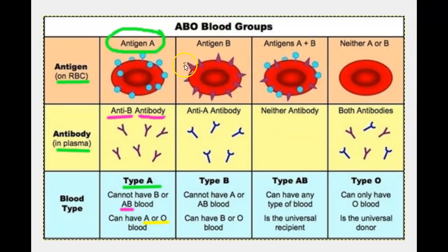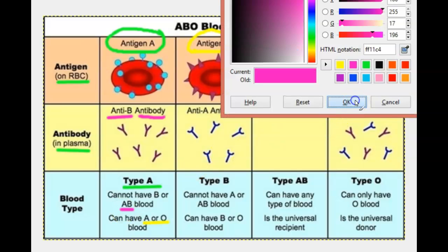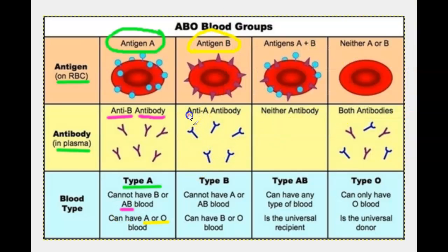Alright, let's look at if you have B blood. Why is it called B blood? Because they have a B antigen, or these little purple spiky things, B antigens on the red blood cell. And look at the plasma. They have anti-A antibodies.